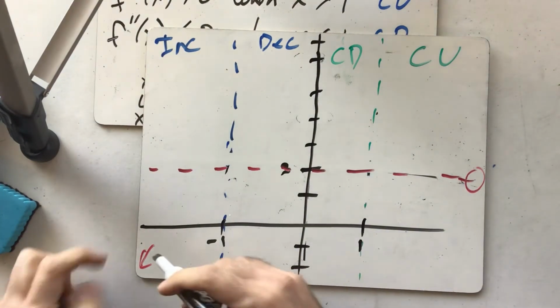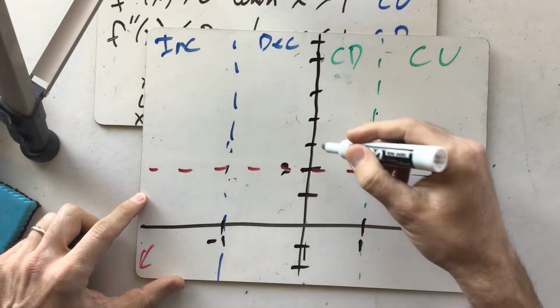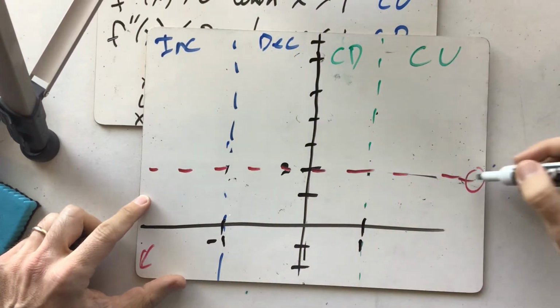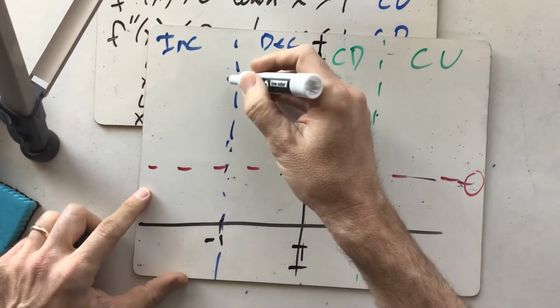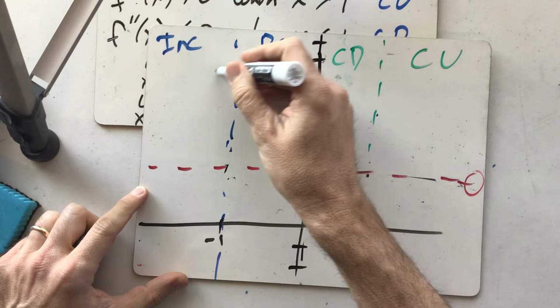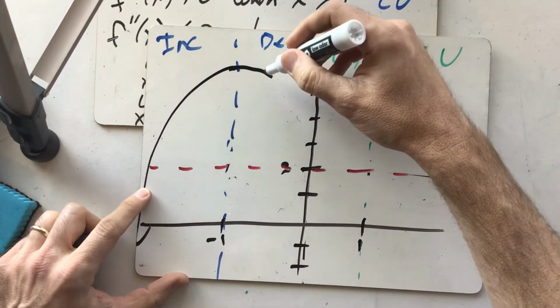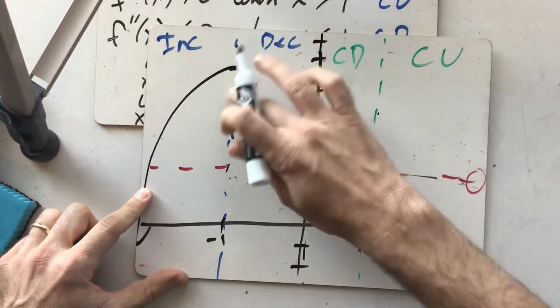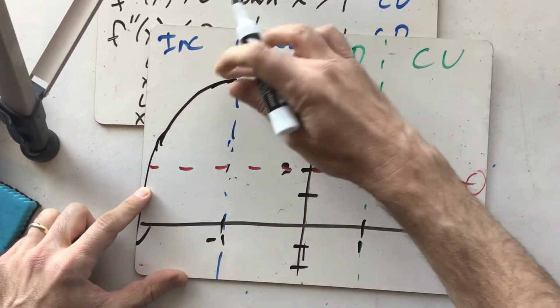My graph is going to be increasing here, decreasing here, and then decreasing here, and then we level off. So I'm going to increase in a concave down kind of way, and then we'll have a maximum here where we switch from increasing to decreasing. It looks something like that. Let's make this a little bit more gradual.